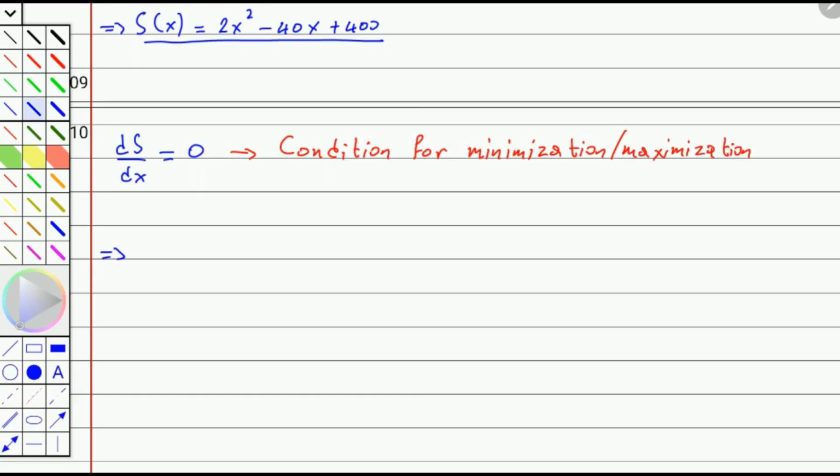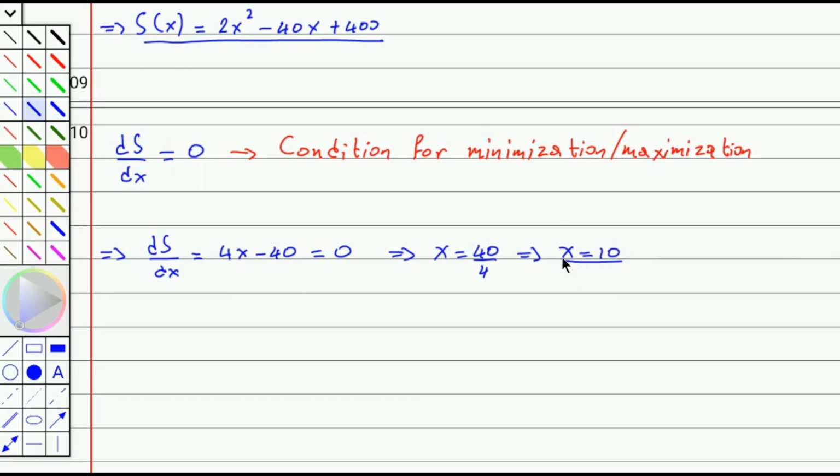So dS over dx equals 4x minus 40 equals 0, and so x will be 40 divided by 4, and so x is equal to 10. So this is a single root of the derivative of the sum.